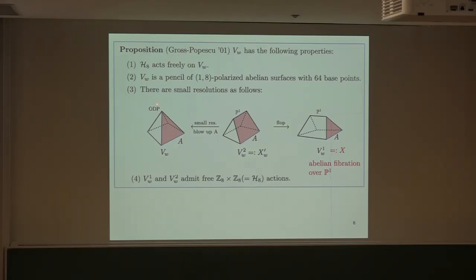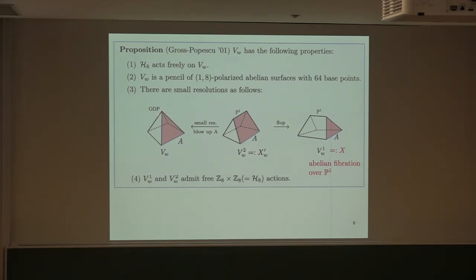Schematically, I drew the abelian surface here, and this line is the P1 for the tensor. This point is a base point. According to the P1 direction, this abelian surface moves something like this, but the base point is fixed. That's the definition of a base point.